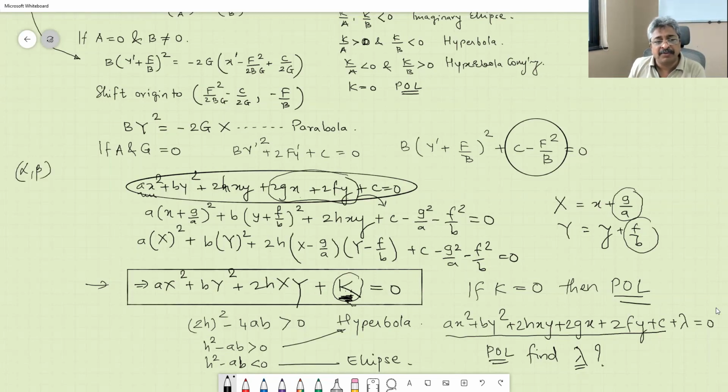If you want to shift the origin to alpha comma beta, you will substitute capital X plus alpha in place of small x, and capital Y plus beta in place of small y in this equation, write the entire expanded form, and make sure that the coefficient of capital X and the coefficient of capital Y are equal to 0.